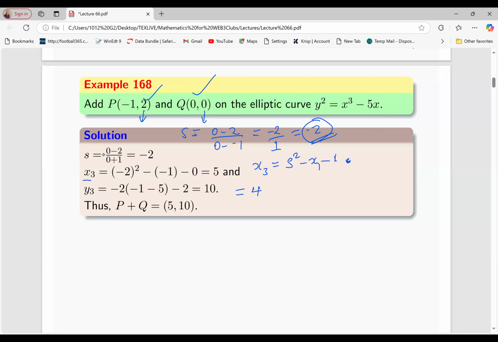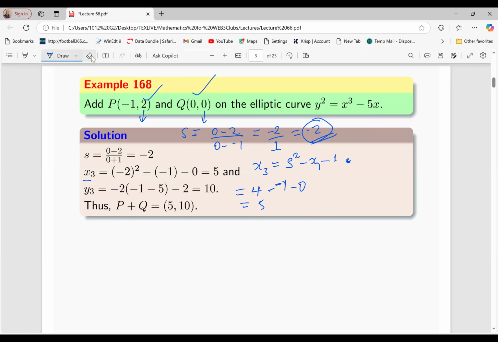And then subtract from it x1, which is -1, and x2 is 0. So this is same as 5, because negative and negative will be positive. So x3 is 5.